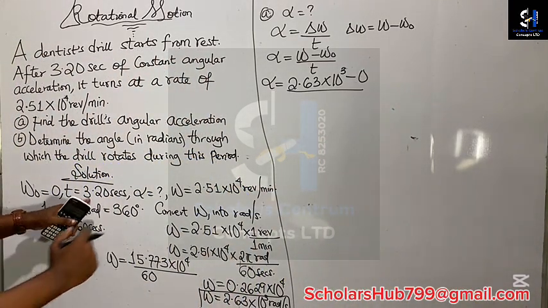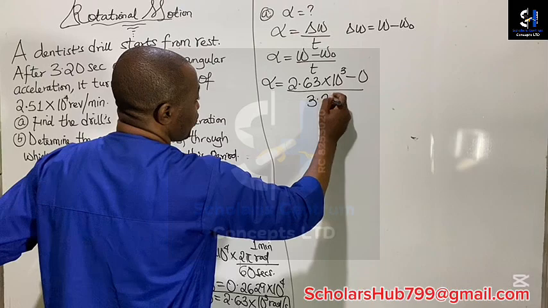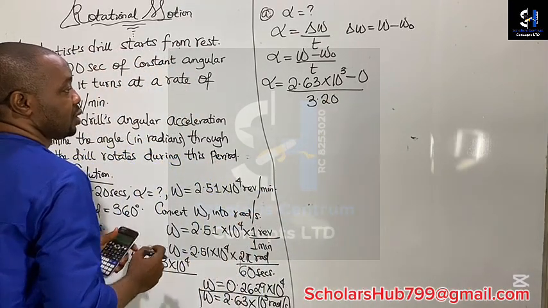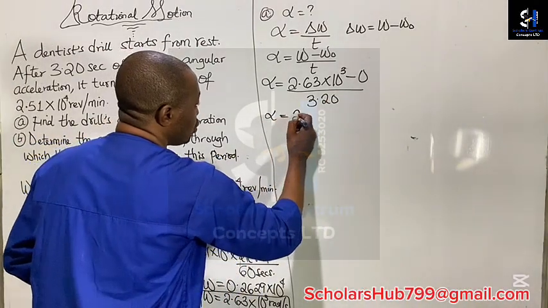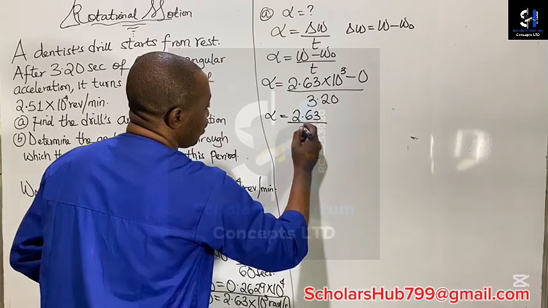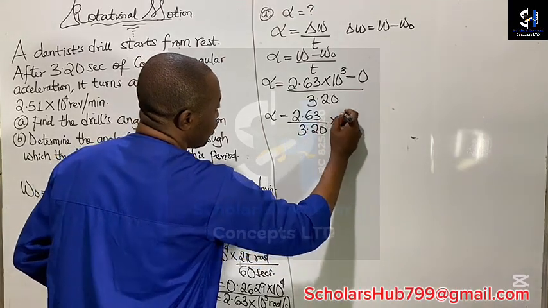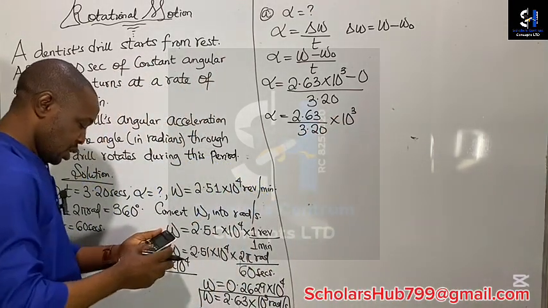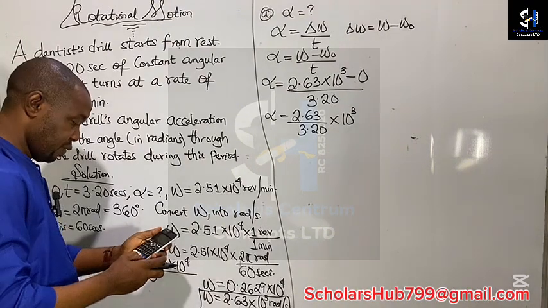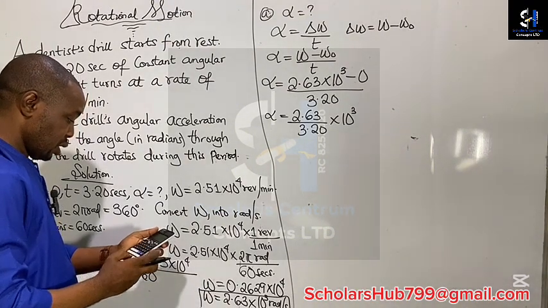Now the time is 3.20, so this will be 2.63 over 3.20 multiplied by 10 raised to the third.